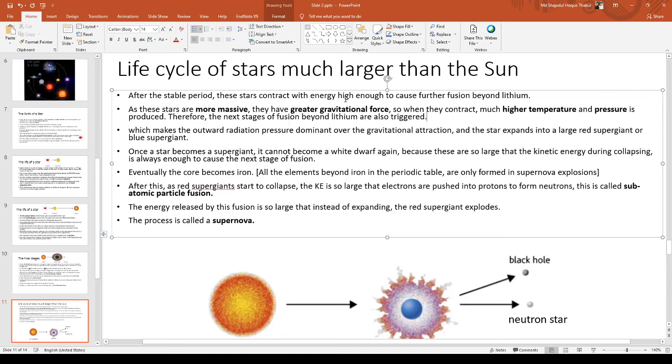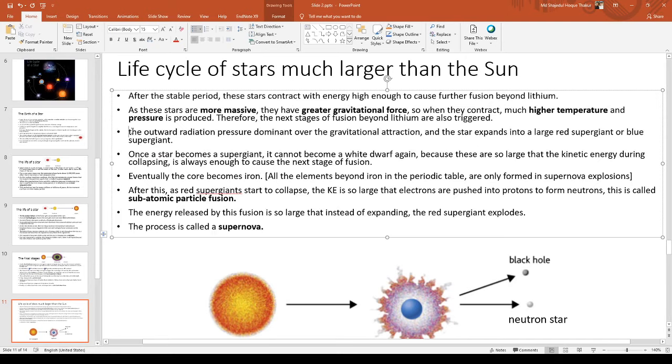Okay? So in these stars, as next stages of fusion beyond lithium are also triggered, the outward radiation pressure becomes dominant over the gravitational attraction.